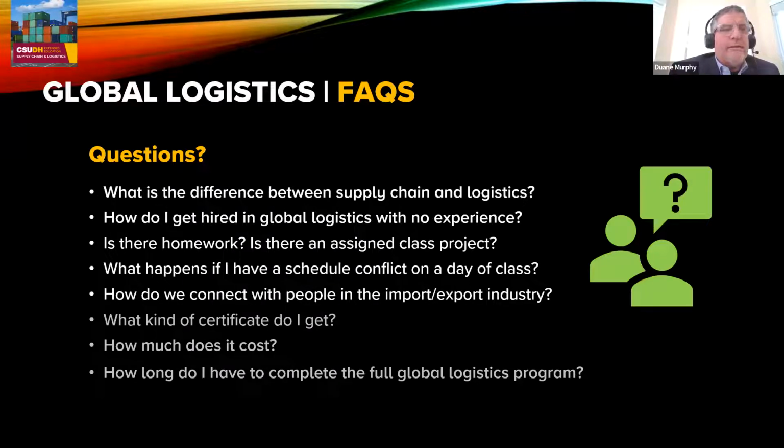It's a good time if you want to start a trucking company. I've had many students in my classes throughout the years that were starting their own businesses. I've had people starting import-export coffee businesses. Over the last year and a half, I've had several students that wanted to start their own trucking brokerage business.